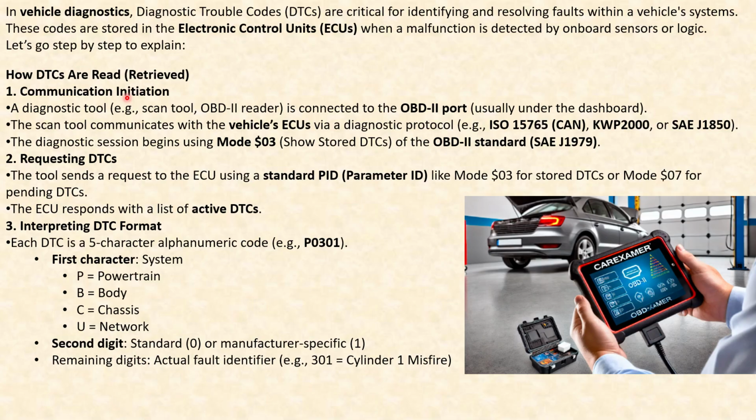How are DTCs read? First of all, there is something called communication initiation. In this communication initiation, a diagnostic tool, for example, a scan tool or an OBD reader, is connected to the OBD2 port, usually under the dashboard. The scan tool communicates with the vehicle's ECU via a diagnostic protocol, and that protocol may be CAN protocol or KWP 2000 or SAE J1850.